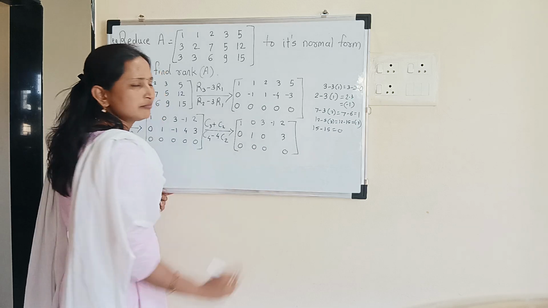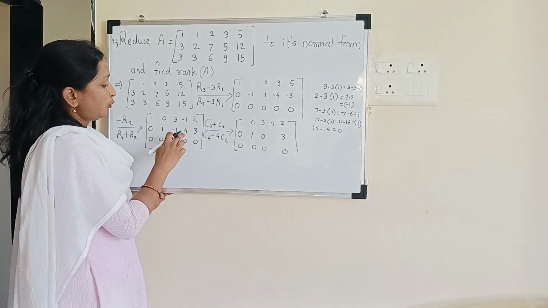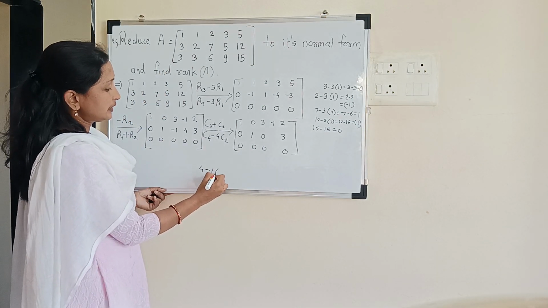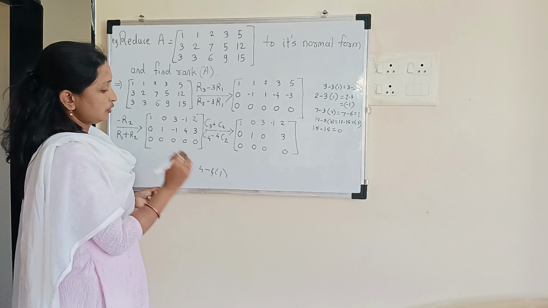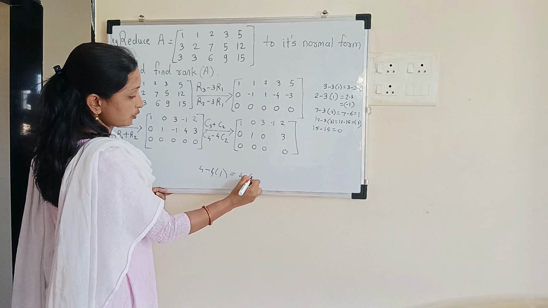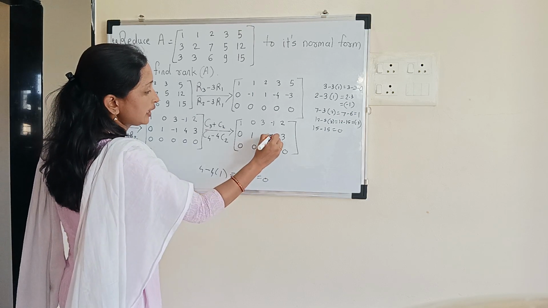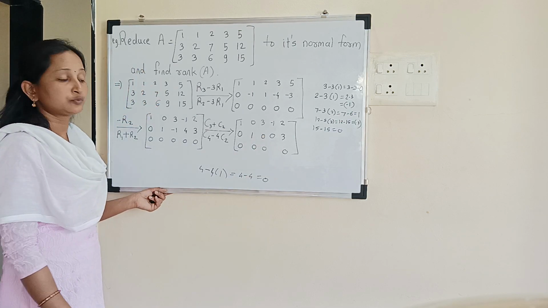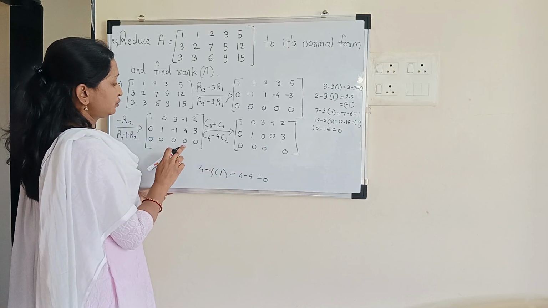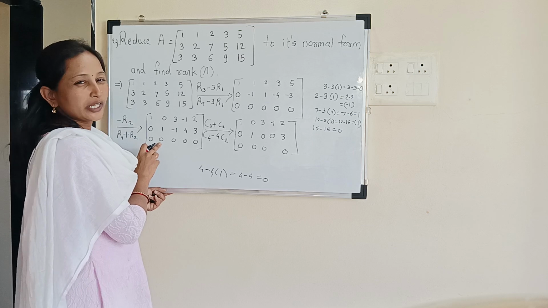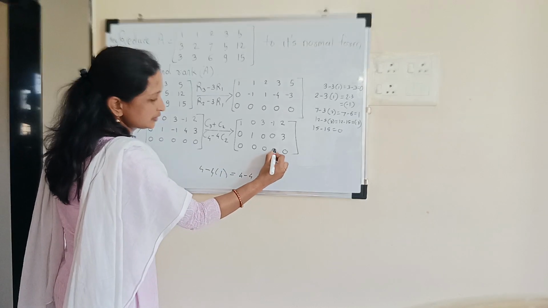Minus 1 minus 0 is minus 1. Similarly, 4 minus 4 times 1, so 4 minus 4 is equal to 0. So again you have the second entry in column 4 as 0. Now what about the third entry of column 4? 0 minus 4 times 0, so it will be 0.